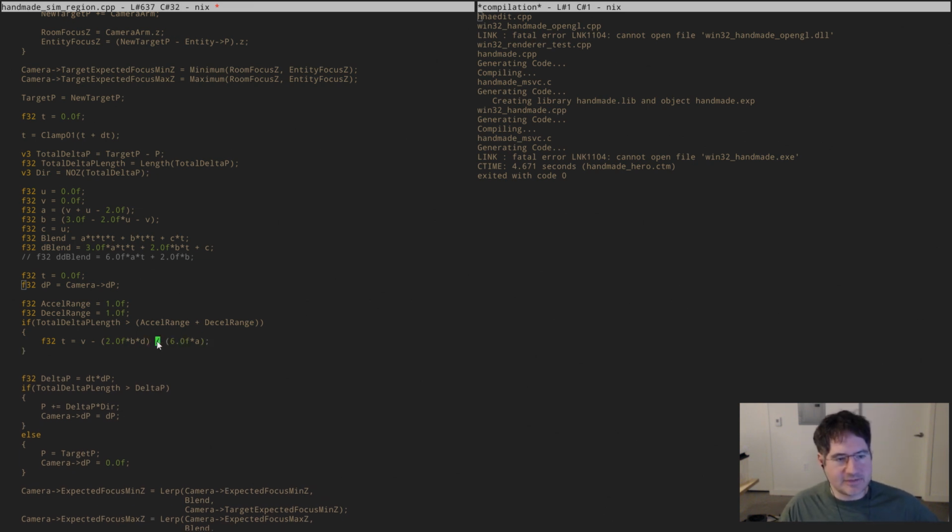And so if we look at what that gives us, we know what a is, we know what b is, and so d in this case is the only thing we don't know, but we do actually know what it is. It's the acceleration range, because that's the curve that we're mapping it into, right?